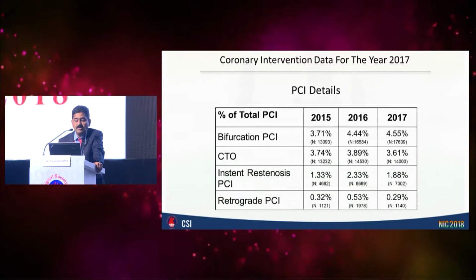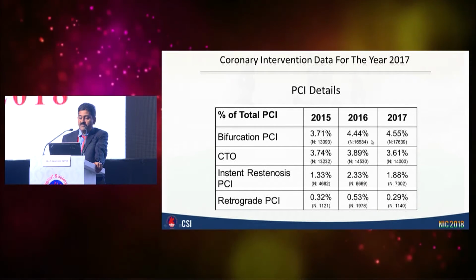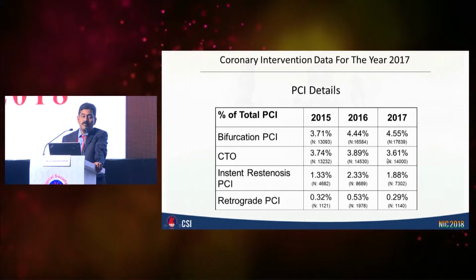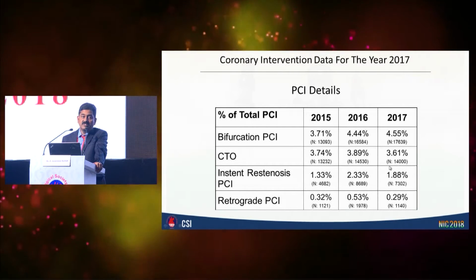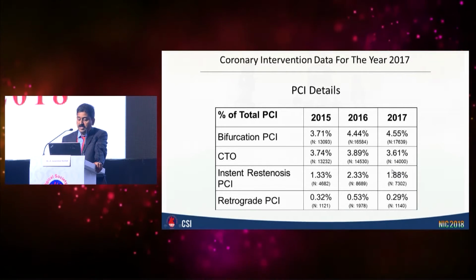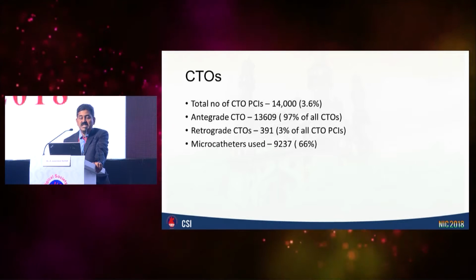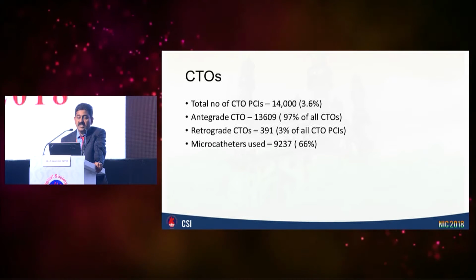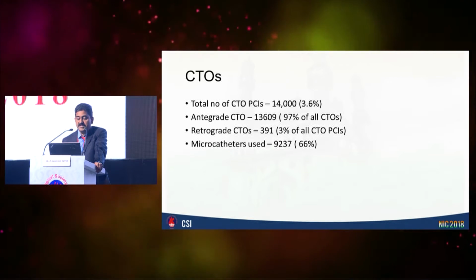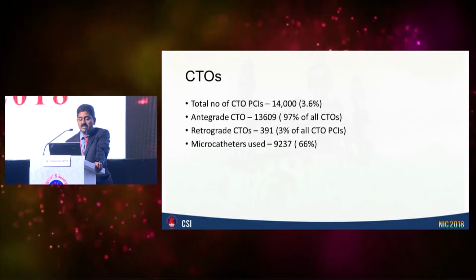Then other types of bifurcation PCIs contributed about 4.5%. CTOs, though it is 3.6%, volume-wise it's contributing roughly up to 14,000. Some are in-stent restenosis, with minimal numbers of retrograde PCI. When I look a little more in detail at CTO PCIs, antegrade is more common as expected, 97%. Retrograde is just picking up, about 3% of total PCIs. 391 procedures are reported.